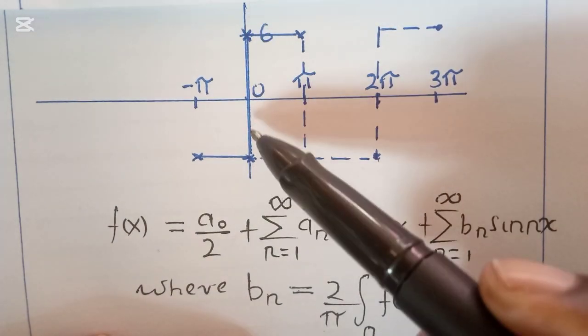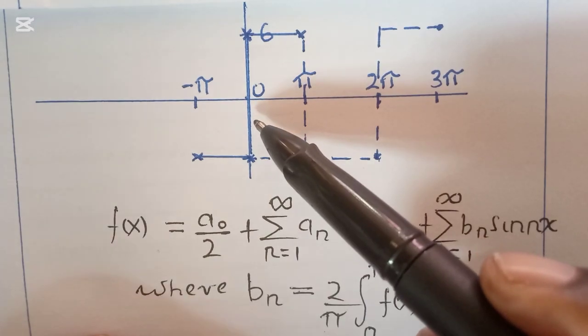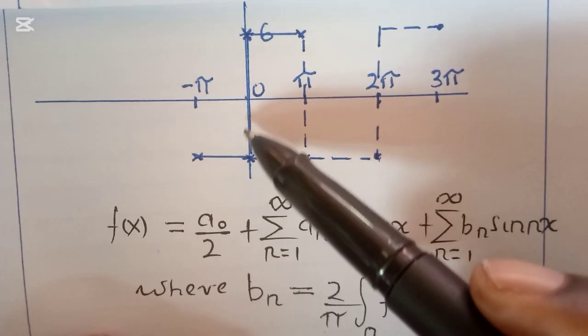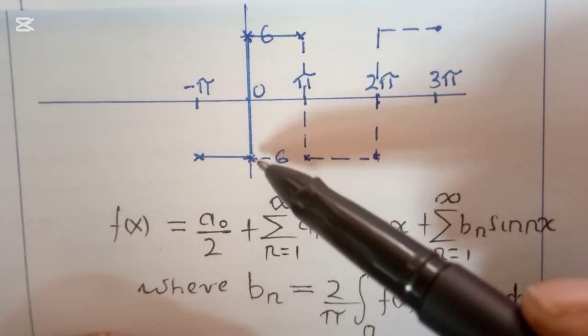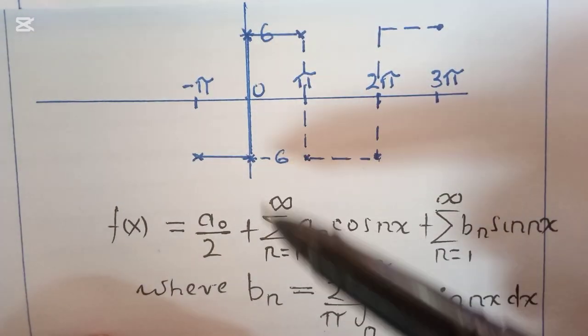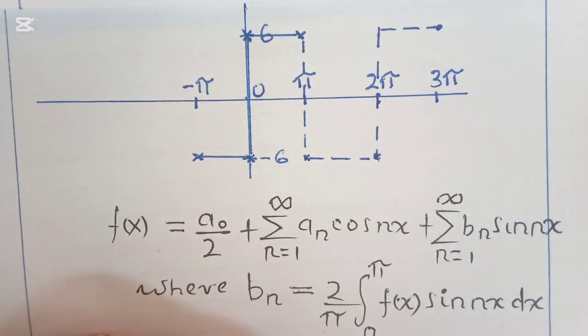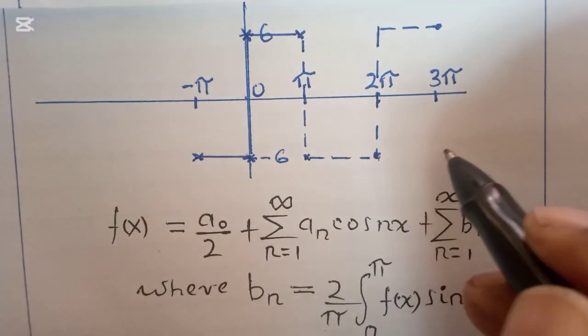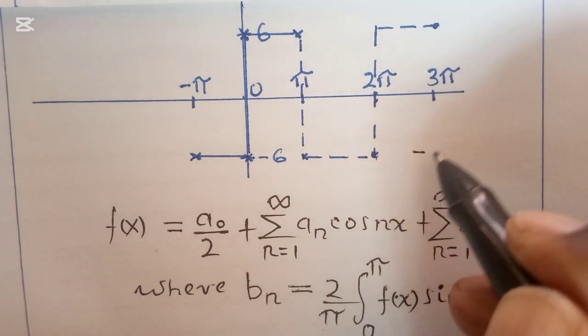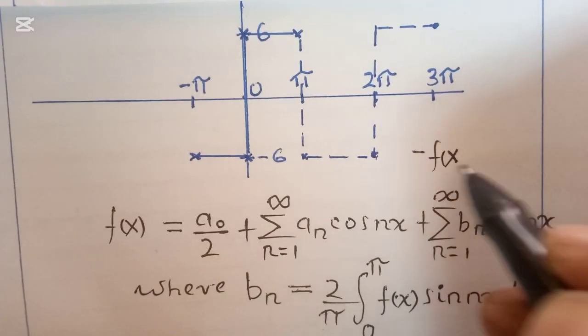The first thing is it is not symmetrical along the y-axis, because if you look at this side, you have -6 and here we have 6. For odd functions, we know that they are odd by this: it's supposed to be that f(-x) equals negative f(x).